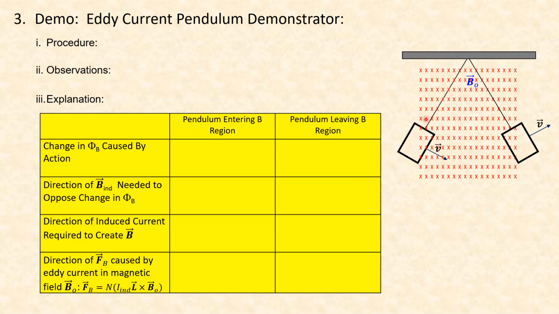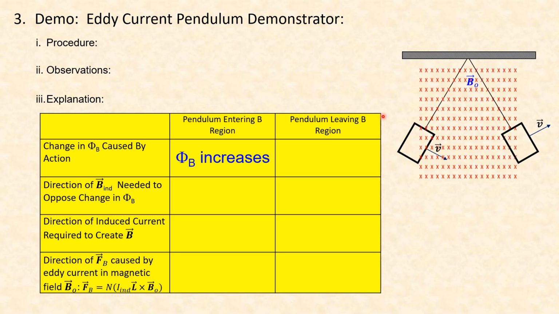Look at this region as the pendulum is entering the magnetic field. It experiences a change in magnetic flux, and it's clear from the diagram that this corresponds to an increase in magnetic flux as the pendulum enters the field region.